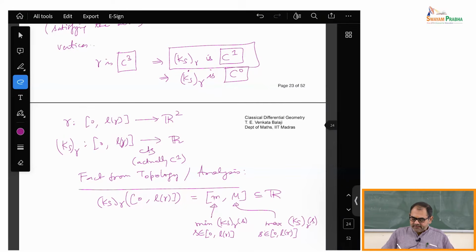The reason for this is what is called compactness in topology. A subset of the real line is compact if it is closed and bounded, and it will break down into a finite disjoint union of closed intervals.